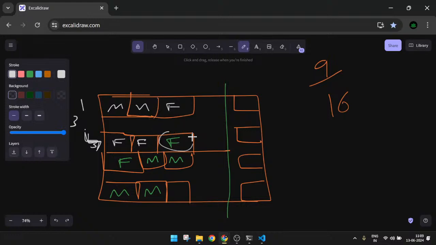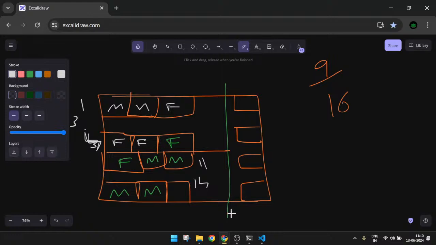So if I'm here, for example this is seat number anything, like 1 2 3 4 5 6, 6 plus 8 is 14. So 14 minus 3 is 11.